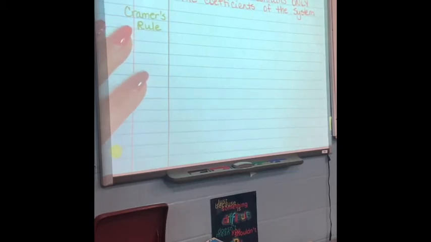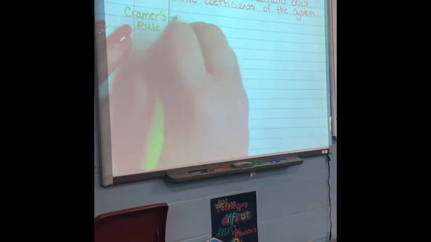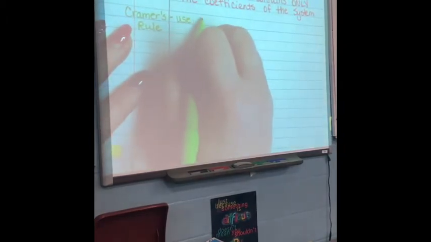All right, Cramer's rule. What we've been working to get to. We're going to use the coefficient matrix to solve systems.